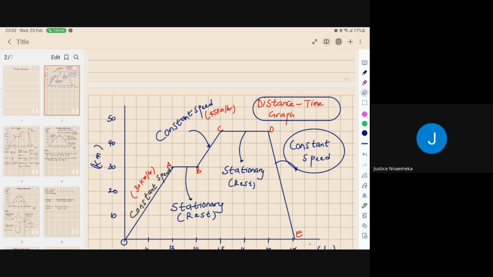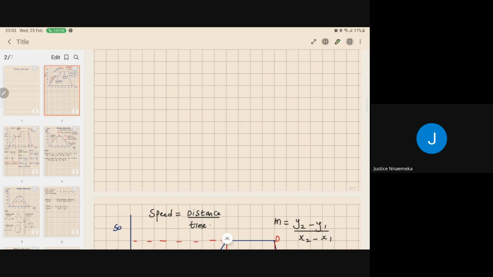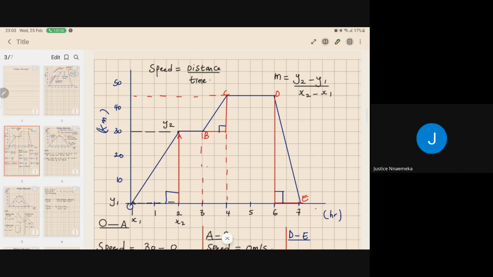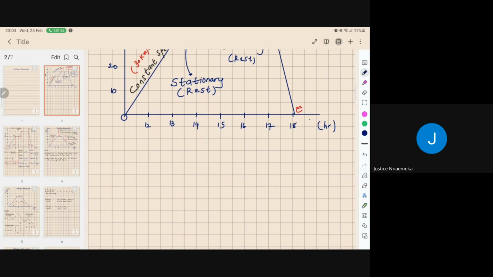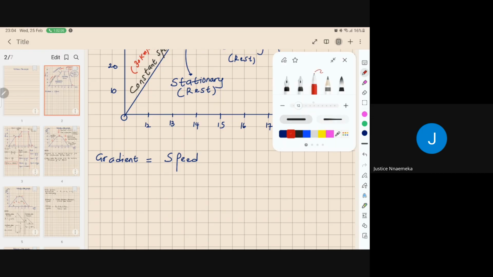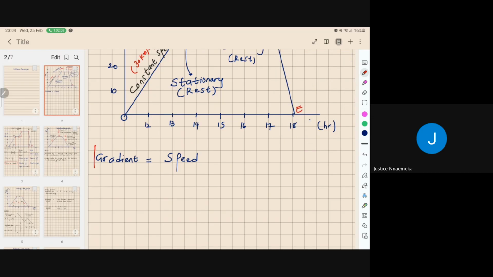I said that for a distance time graph, the gradient equals your speed. That's one thing I highlighted, which I want you to always remember: the gradient equals speed.